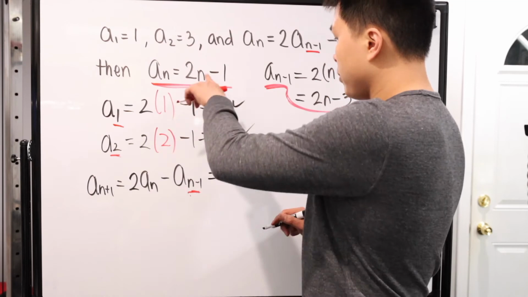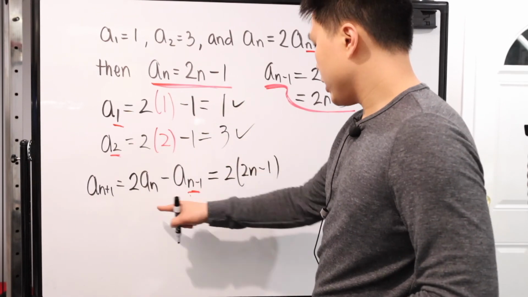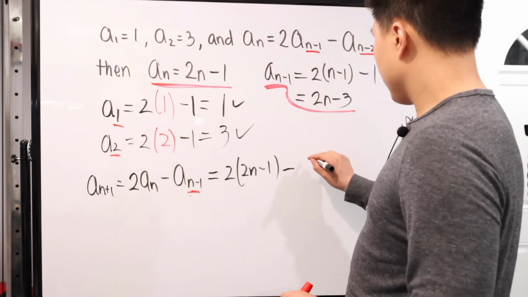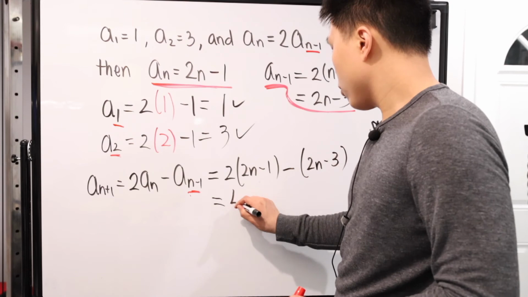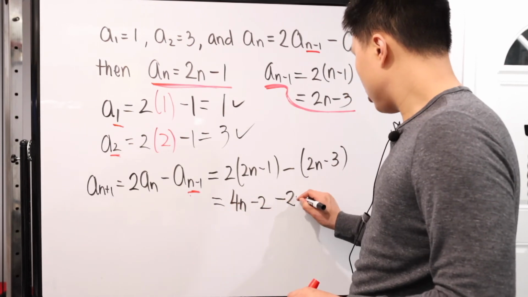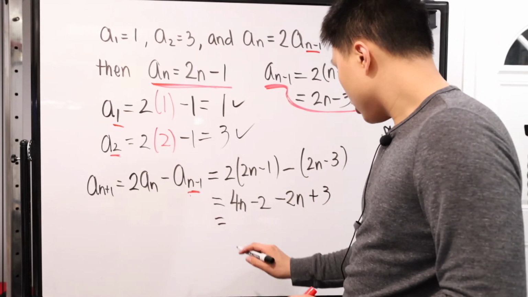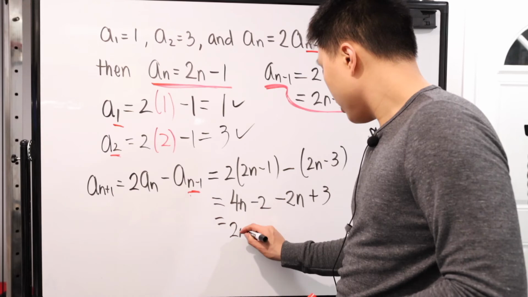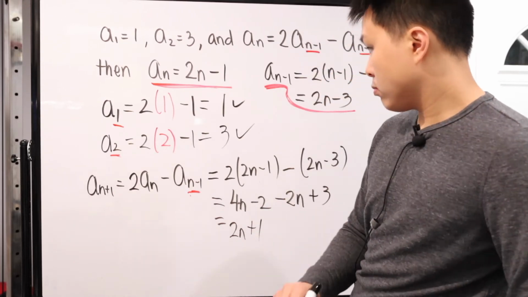2 times a sub n, that's going to be 2n minus 1, right? That's this guy right here, minus this whole thing right here, 2n minus 3. That gives me 4n minus 2, and this is going to be minus 2n plus 3. So we combine like terms, what do we get? We get 2n, and then negative 2 plus 3, that's going to be plus 1.